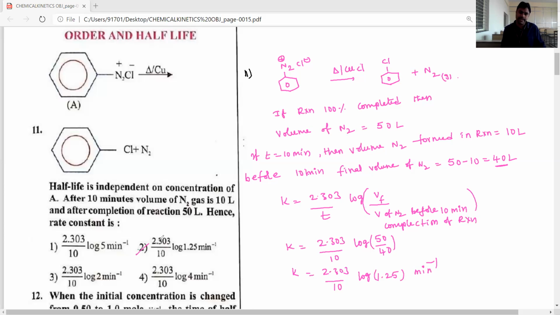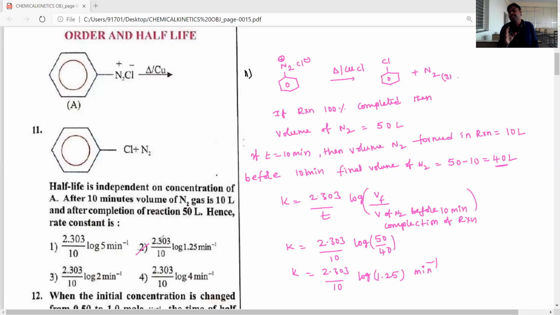Dear student, in this kind of question we have to find out the rate with respect to one of the products. Here in the chemical reaction, one of the products is nitrogen gas. When the reaction is completed 100%, the volume of N2 present is 50 liters. Now we have to find the rate of this reaction at 10 minutes time.